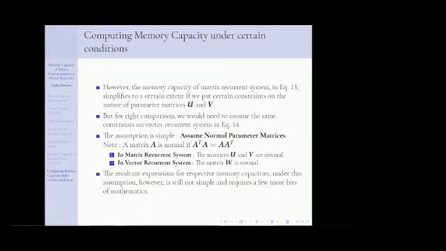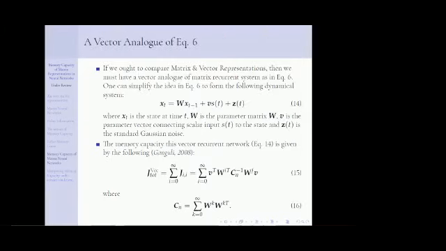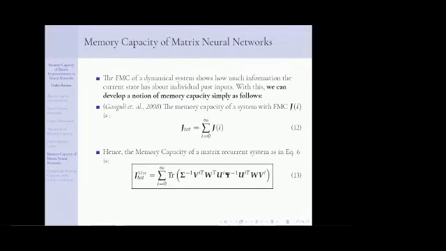Perhaps it will happen that it's not normal, so it won't fall into this analysis. But still we have to, because we want to actually get somewhere with our notions of memory capacity. So after assuming this, again, I'm not going to show the final expression. The final expressions for this whole discussion are equation 15 and equation 13.